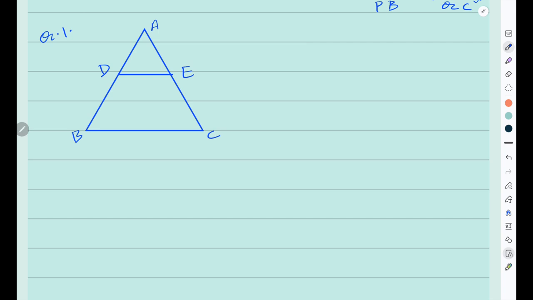It's given that AD is 1.5 centimeter, DB is 3 centimeter, AE is 1 centimeter, and we need to find EC. Let us assume that it's X.